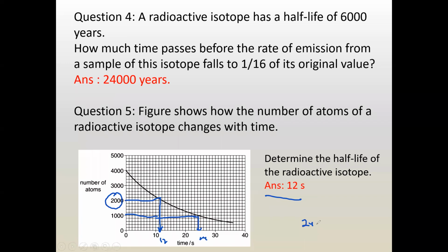So 24 minus 12, again, we get 12 seconds. So as you can see, we can take any two values which we can easily make half, work out the time interval, and using those values, we can find the half-life.